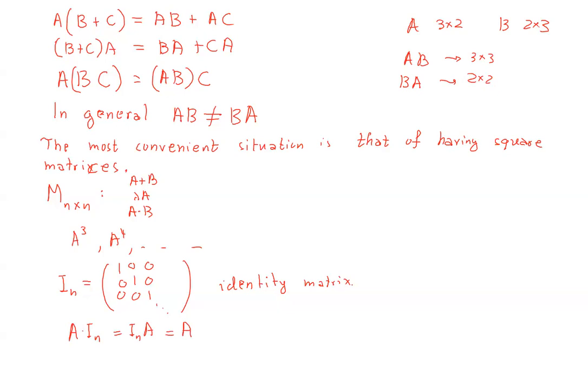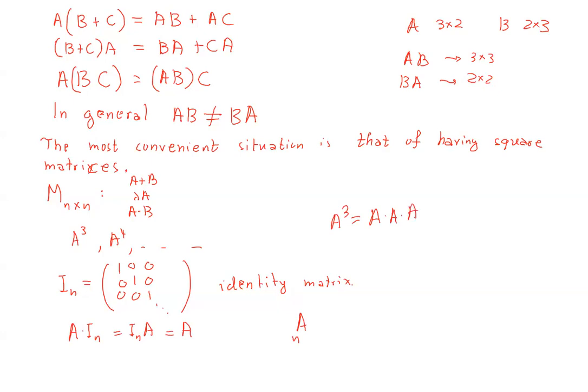And this will be true even if you don't have square matrices. Yes, they're exponents. So let me just clarify that when I say A cubed, I mean A times A times A. That would be A cubed.